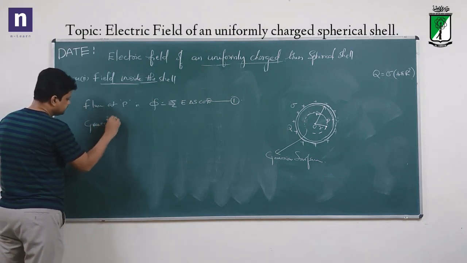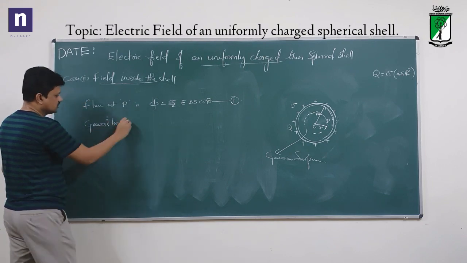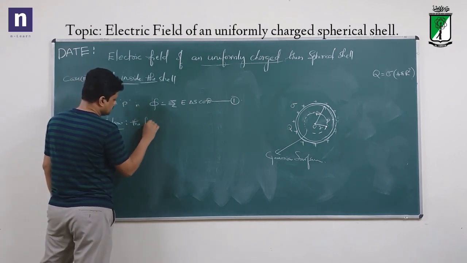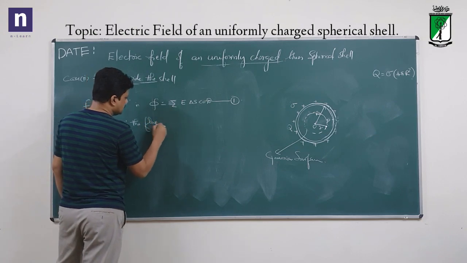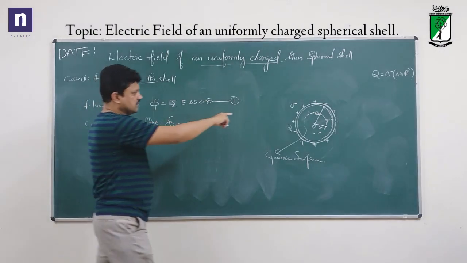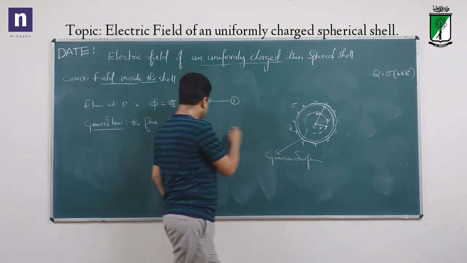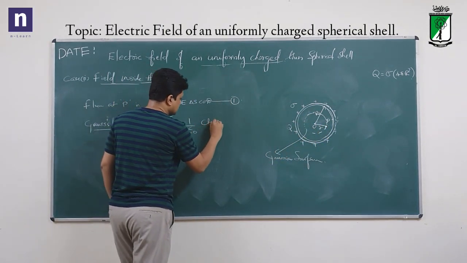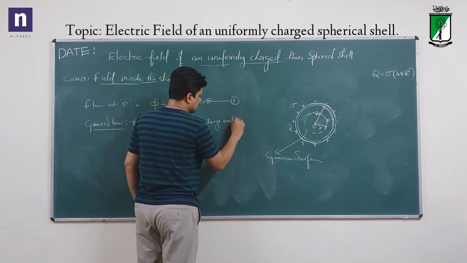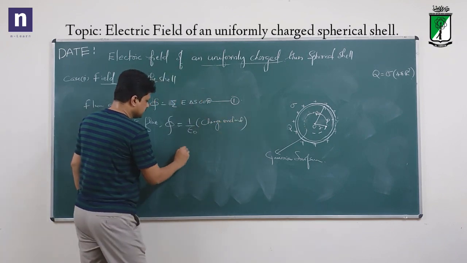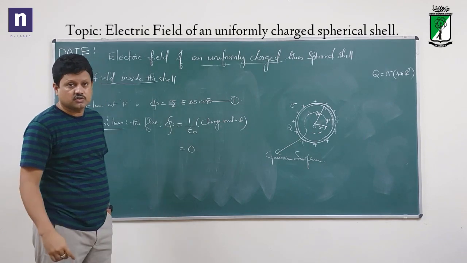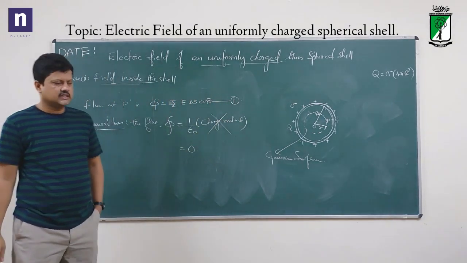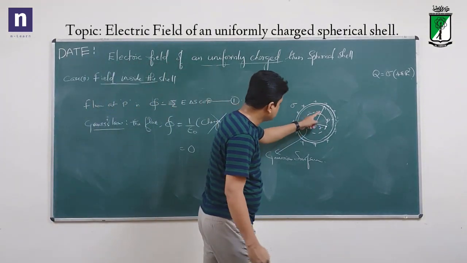Applying Gauss law, what is the flux? The flux through that imaginary Gaussian surface is phi is equal to 1 by epsilon naught times the charge enclosed, which is equal to 0. The reason is there is no charge enclosed in this surface.